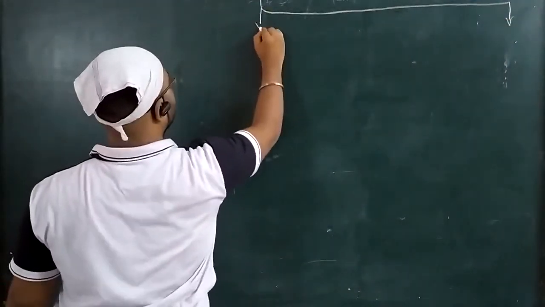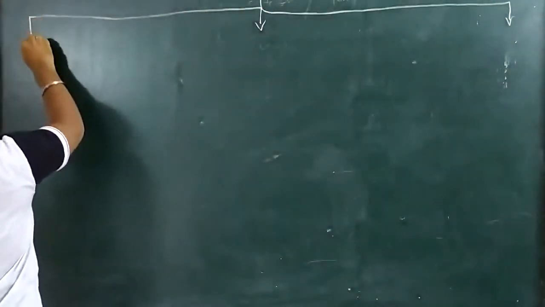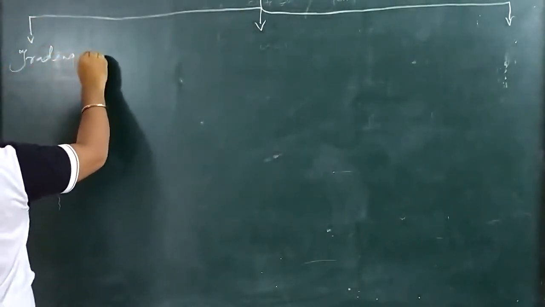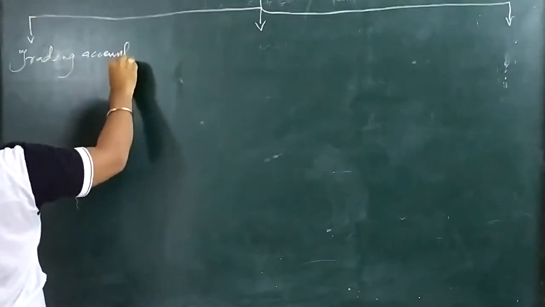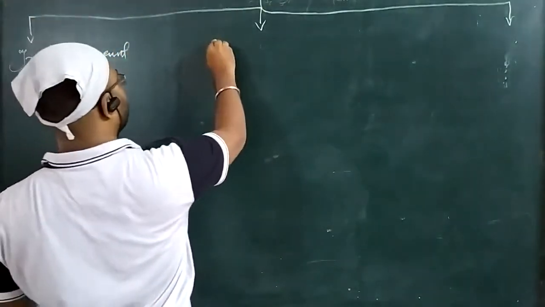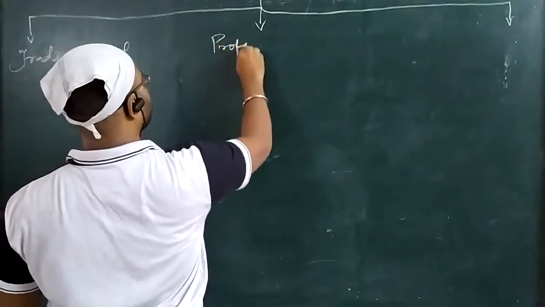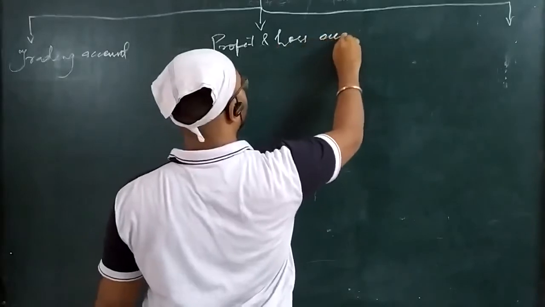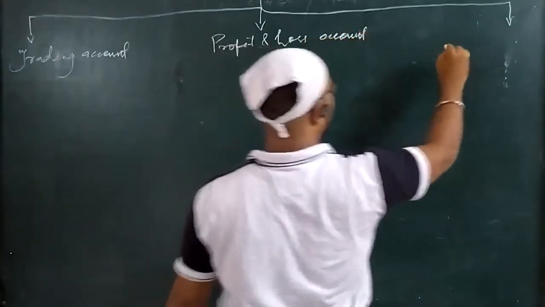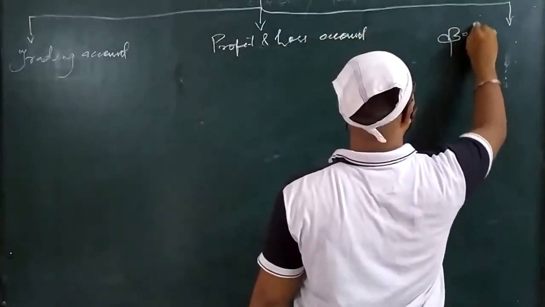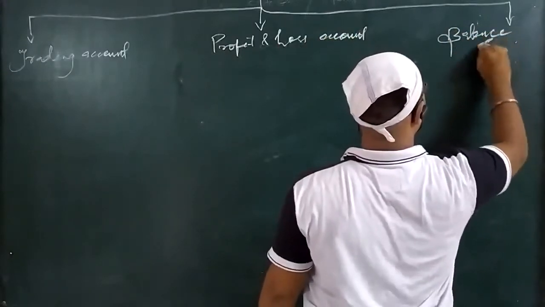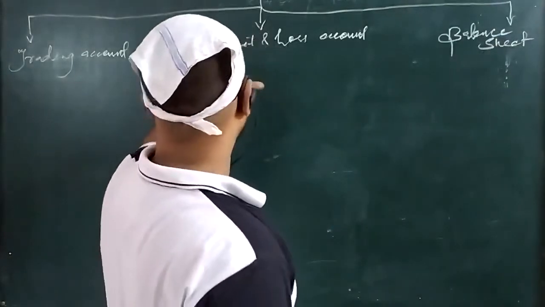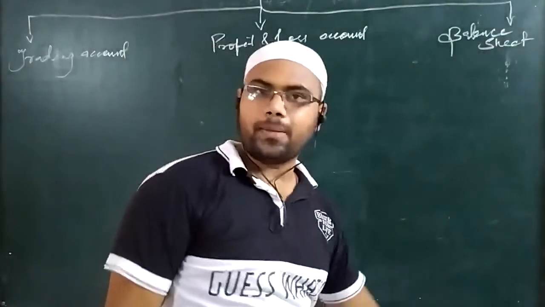There are 3 types of financial statements. First is the trading account. Okay, then you have the profit and loss account. Then you have the balance sheet. Okay, so these are the 3 financial statements that we are preparing under the chapter final accounts.